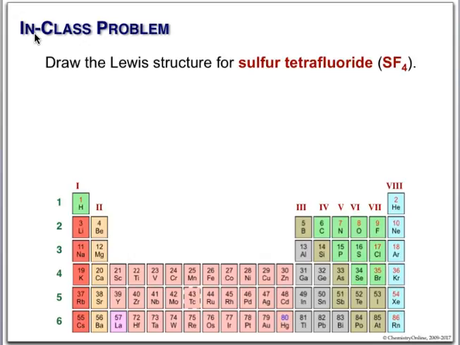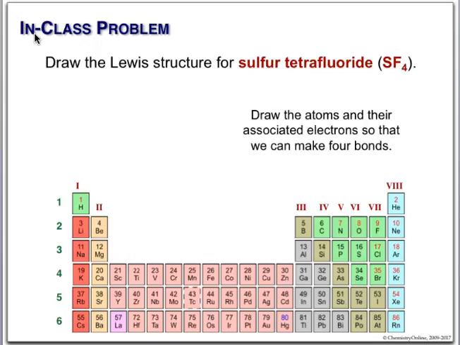Fluorine is in group 7. It has 7 electrons. So step 1, we're going to take our sulfur, put it in the middle, put 6 electrons around it, and then we're going to stuff 4 fluorines around it with 7 electrons each.